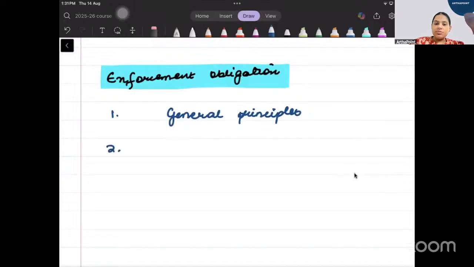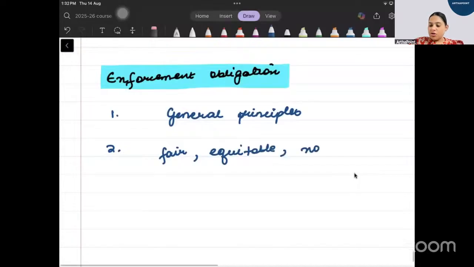दूसरा कि हम जो भी अपना प्रोसीजर फॉलो करें, it has to be fair, it has to be equitable, right? It has to be non-complicated. It has to be less costly.